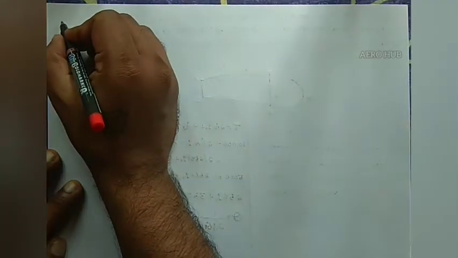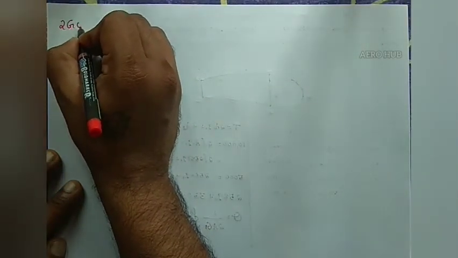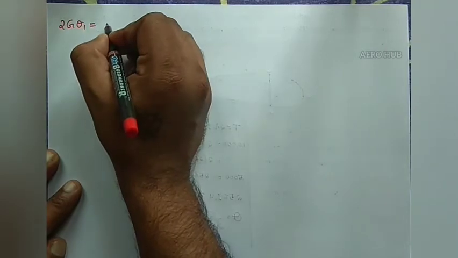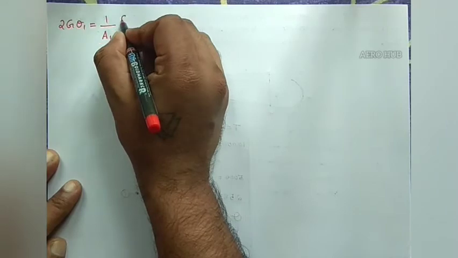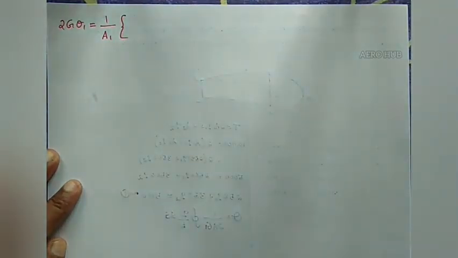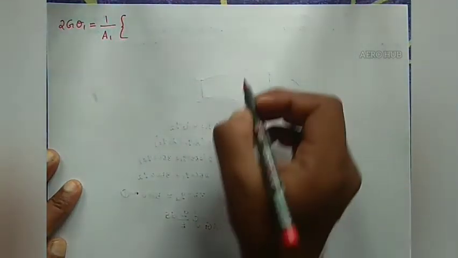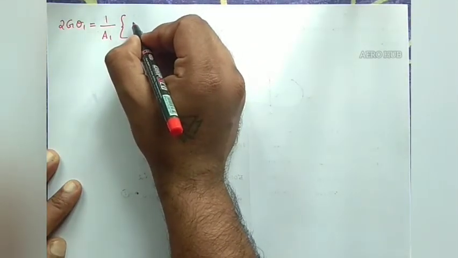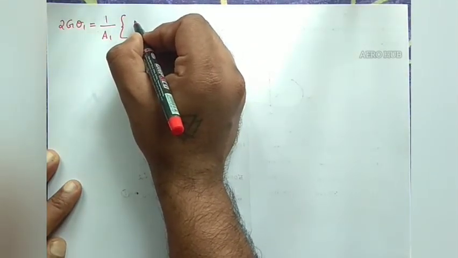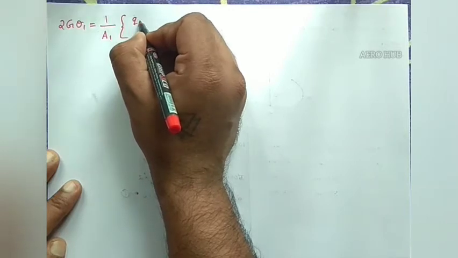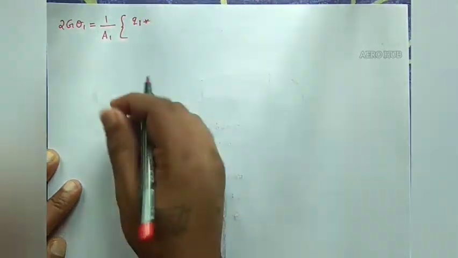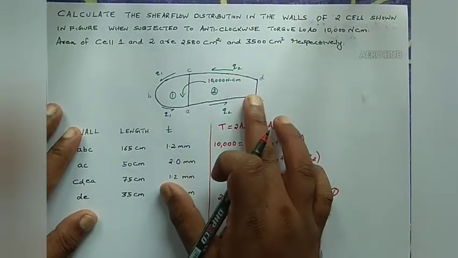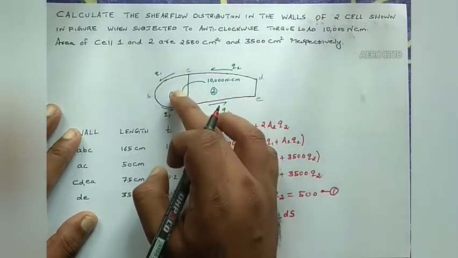Therefore, I'll write 2G theta 1 is equal to, taking the area outside, 1 by A1 into, first we are considering the cell ABC. For the length ABC, the value of shear flow is Q1 into the length. First of all, you have to consider cell number 1.